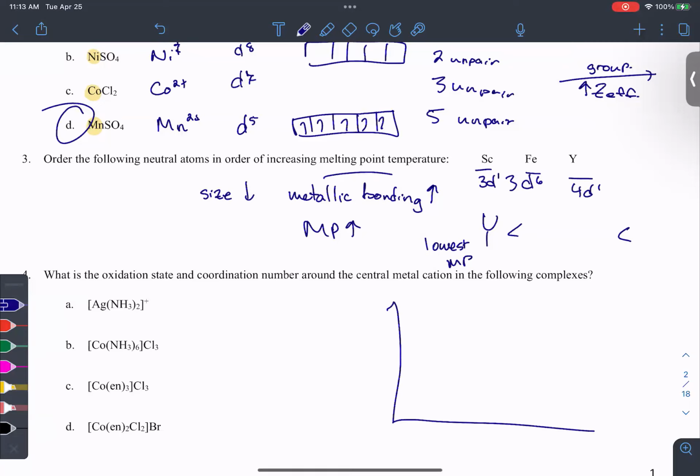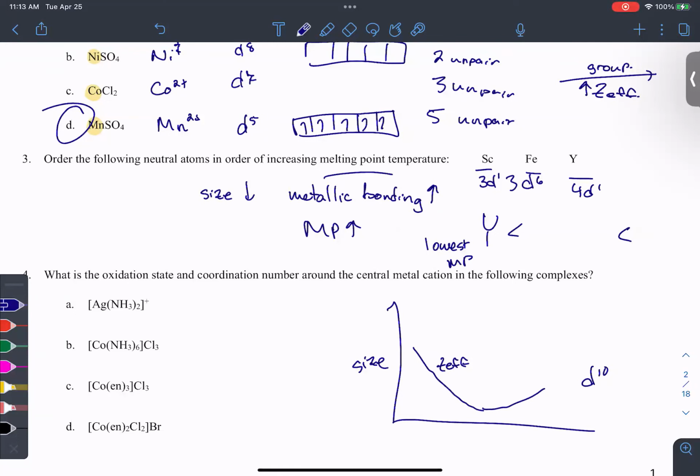So when we look at the transition metals specifically, because there are so many electrons there, what we actually see in terms of size is that it decreases initially until we hit the halfway point. This is, again, because of Z effective. But as we approach our D10 transition metals, we see size start to increase again.